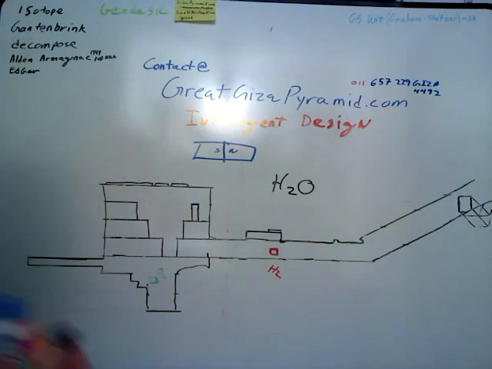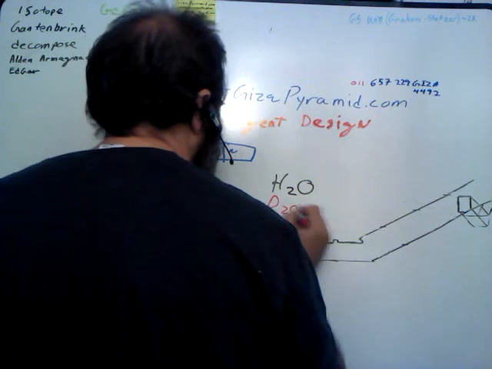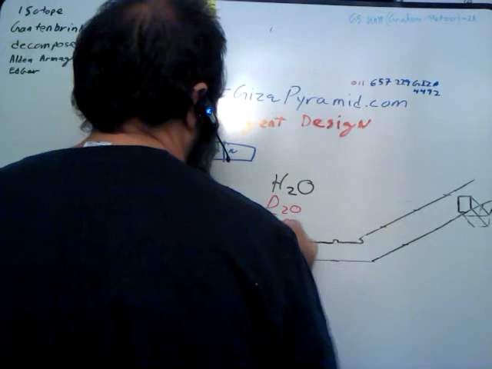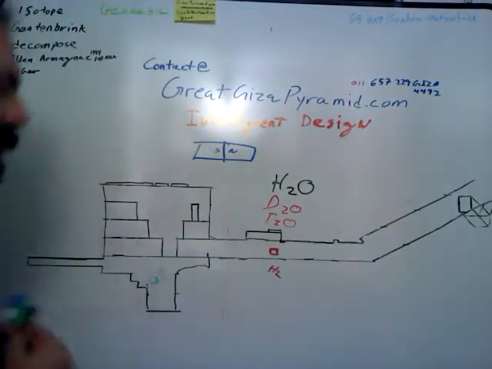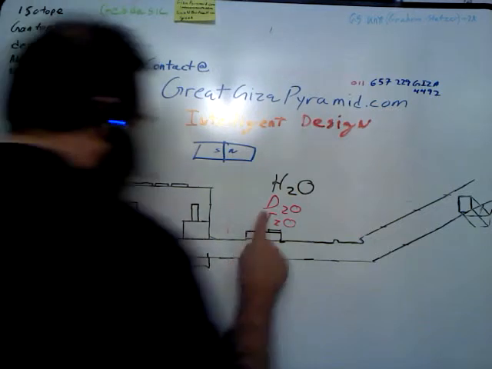Now, to complicate things, you're actually going to get hydrogen 1 and hydrogen 2, which would also be called hydrogen and deuterium. Deuterium being hydrogen 2, and tritium being hydrogen 3. But you're not going to get H2O up until you get to the King's chamber. So let's ignore that for now.